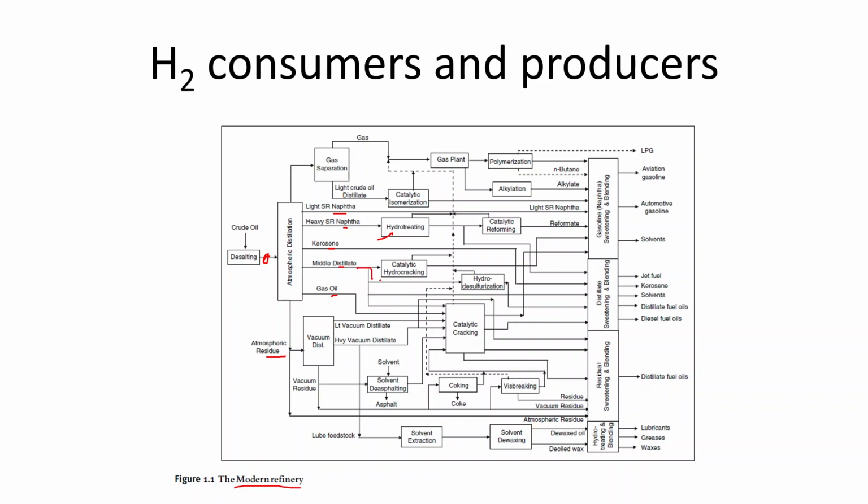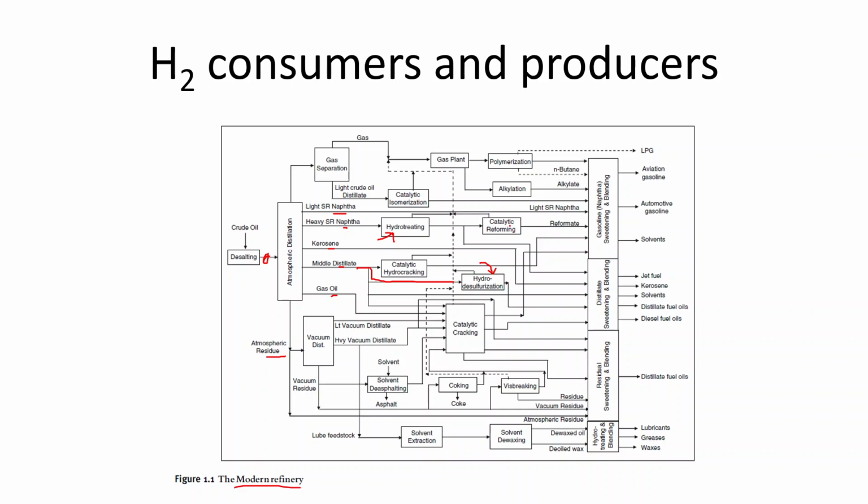Middle distillate goes here, so we have an arrow coming in for hydrogen. I think these two boxes have hydrogen coming in.